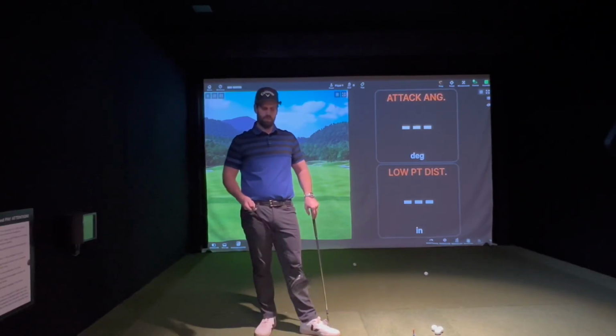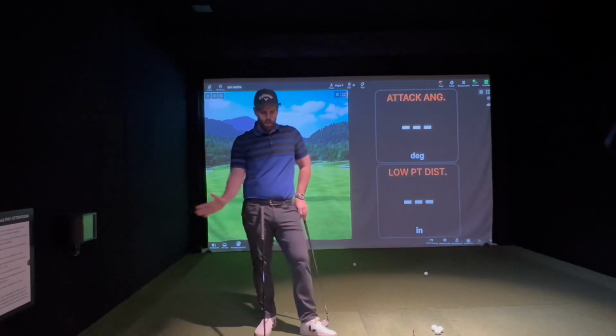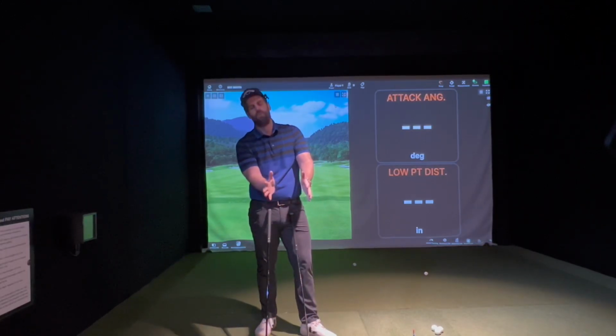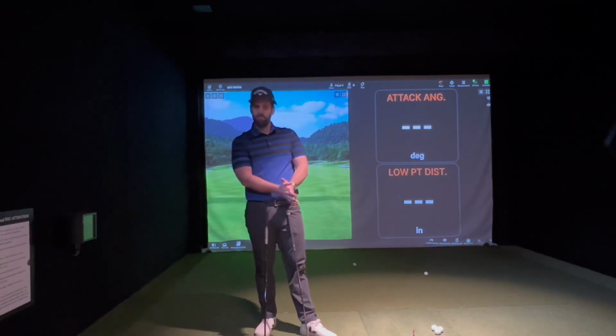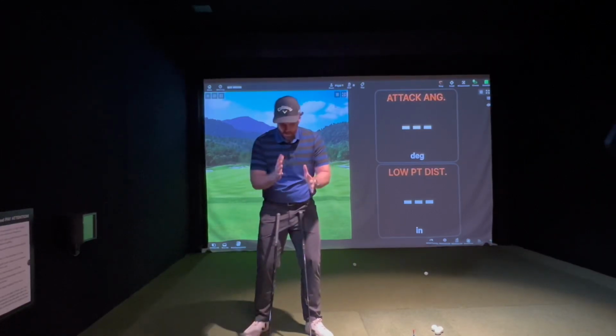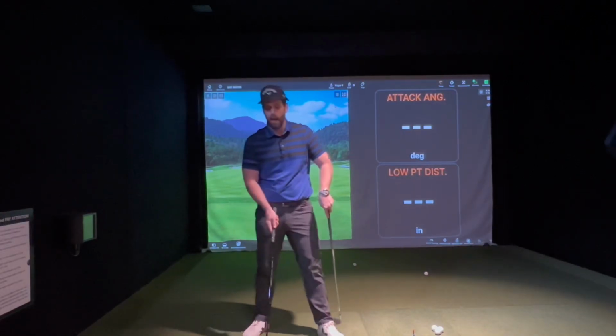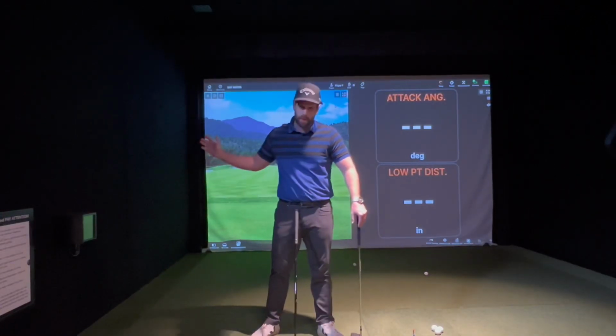The ball being forward allows me to bottom out before impact, to swing up on the ball. Keeping that awareness is going to probably help me perform better with that driver, versus we play irons more in the middle-ish so we can hit down on them more.